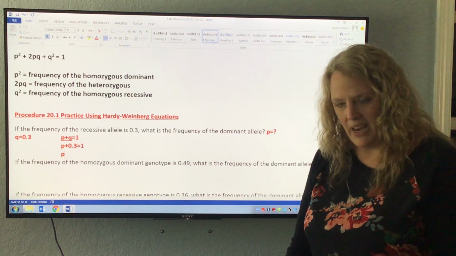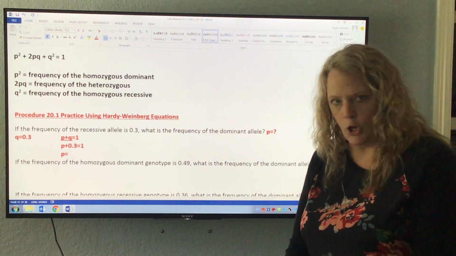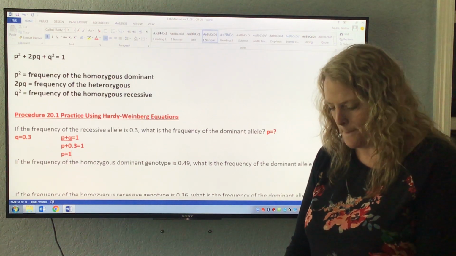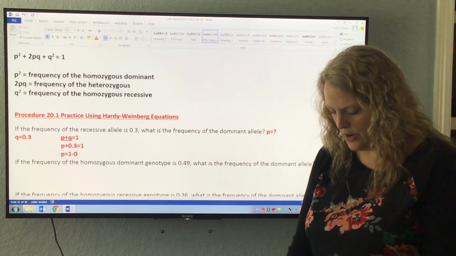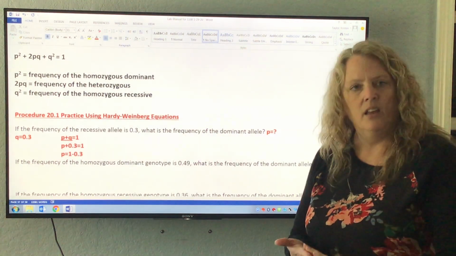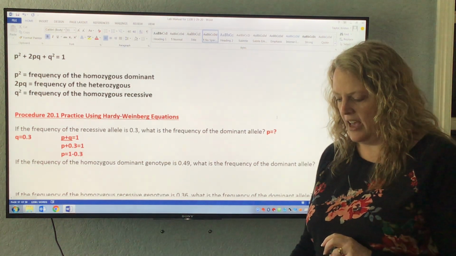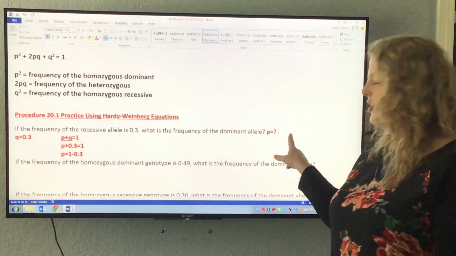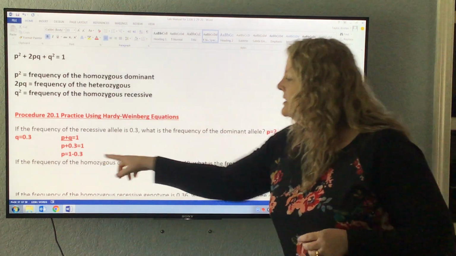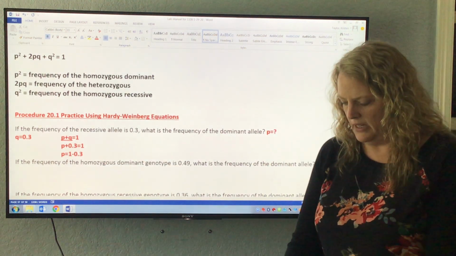To solve for P, it's going to be 1 minus 0.3. You plug that into your calculator, and 1 minus 0.3 will be 0.7.